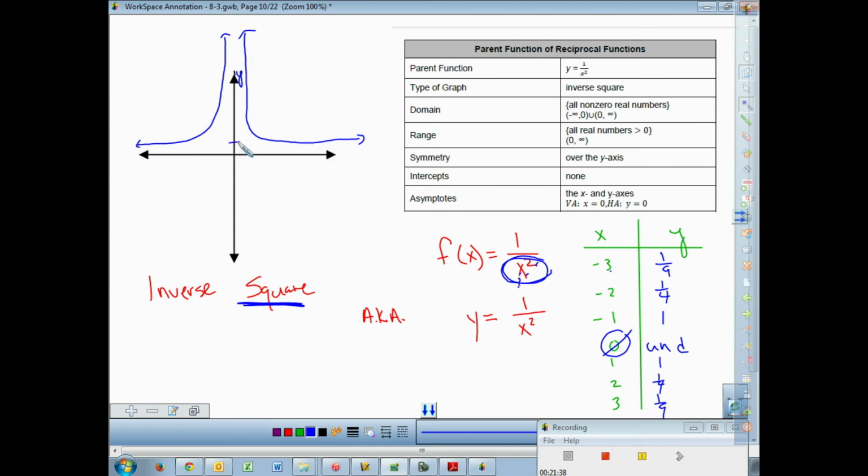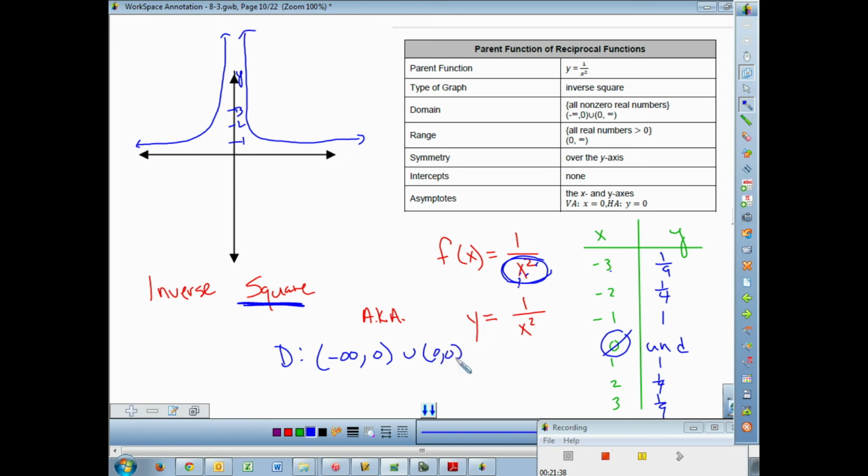Here's your y values. 1, 2, 3. Aren't they all what kind of numbers? Positive. Do you see how the range is never down here in the negative region for your normal parent guy? So when it comes to symmetry, or let's do this, your domain, sorry, it can be negative. It just can't be 0.